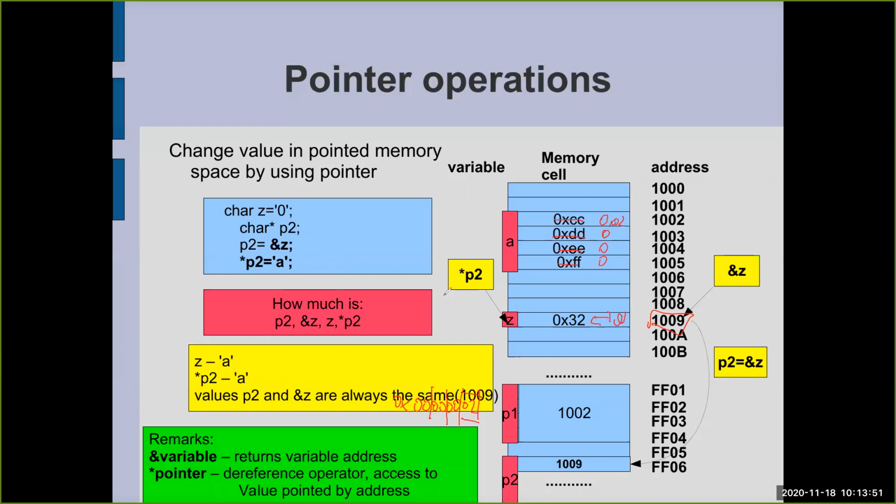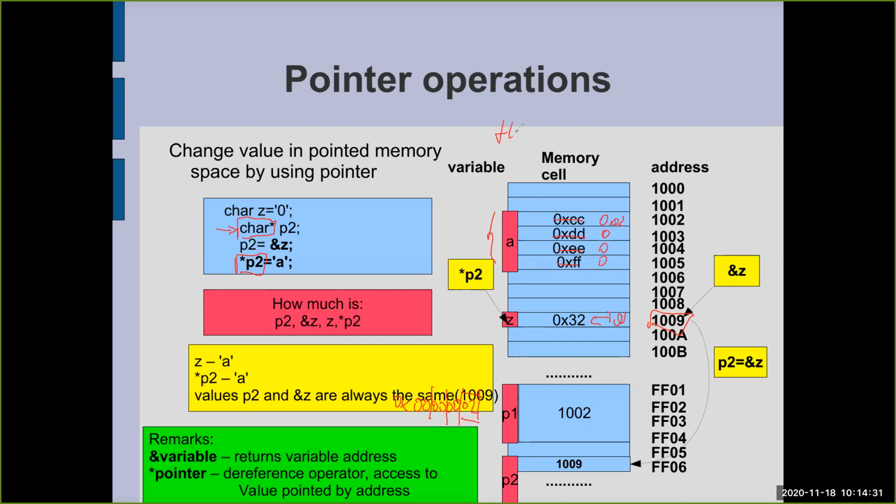So now I'd like to tell you why we have so many different pointers. Look, the pointer type, so char, tells the compiler how to handle the dereference operation. If we have a pointer to char, only a single cell will be modified. If we have a pointer to integer, 4 cells will be modified.